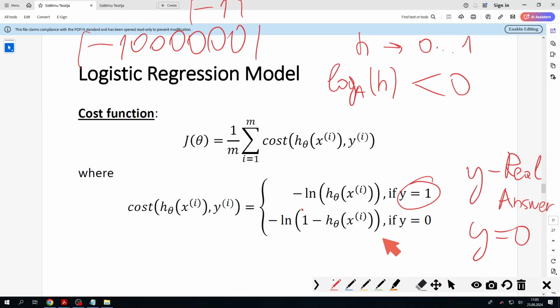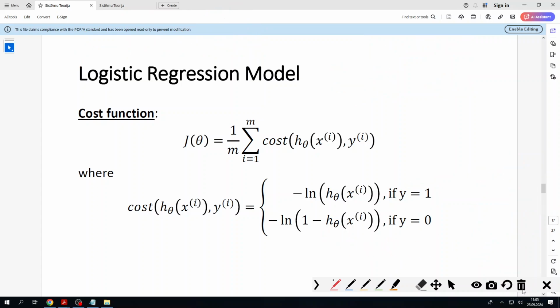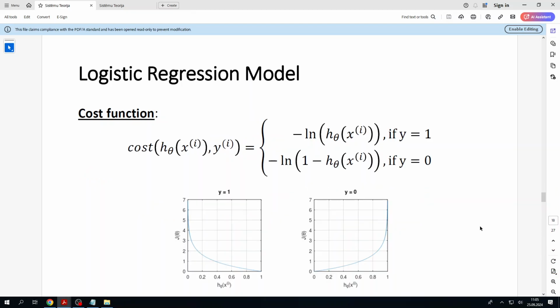Now, we can actually put these 2 expressions into one single cost function. Here you can see these 2 logarithms visualized as plots, and accordingly you can see that the closer you are to guessing correctly, here if you guessed correctly, and here if you guessed completely incorrectly.